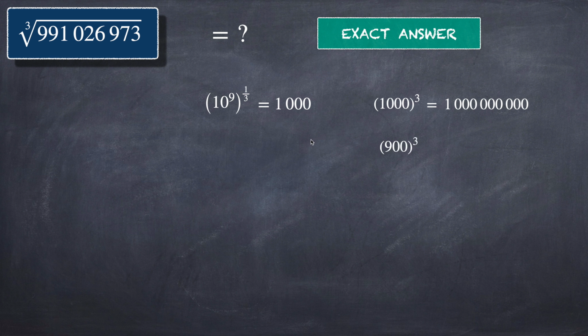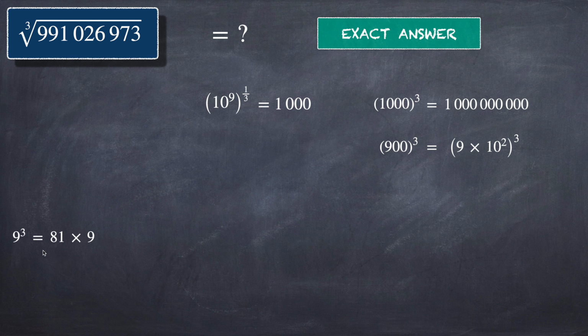Now, if the answer is less than 1,000, let's try 900, because it is easy to calculate the cube of 900. What is 900? 900 is 9 times 100, of course. So the cube of that will be the cube of 9 times the cube of 10 squared.